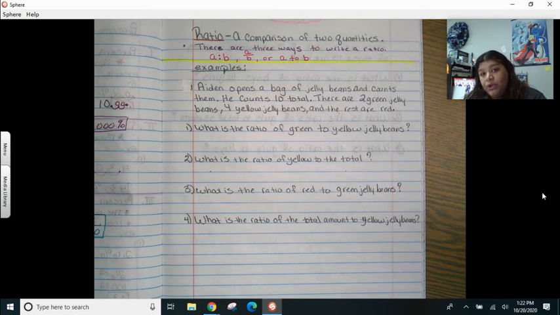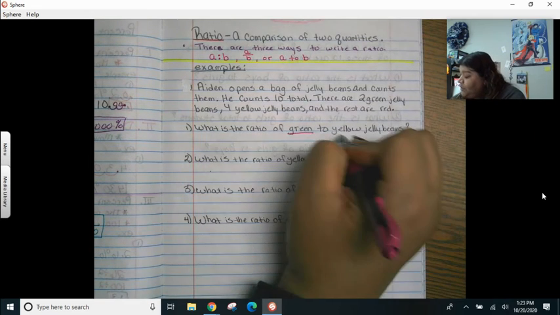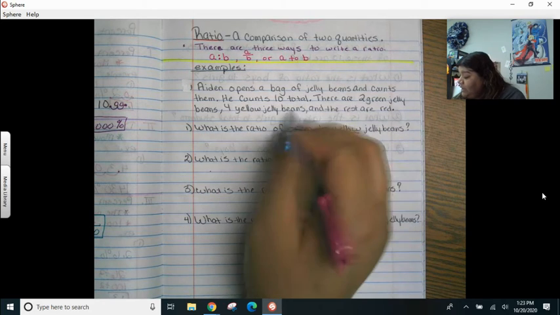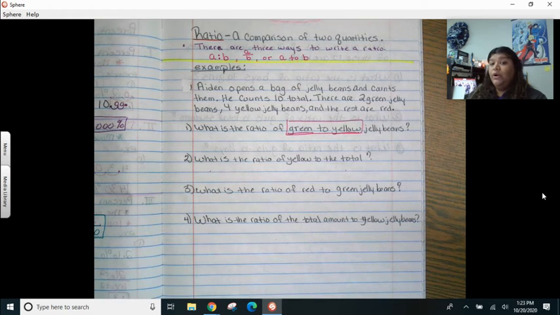Now, using the information, we're gonna go ahead and answer the following questions. Question 1. What is the ratio of green to yellow? Okay, so the order they gave this to me in, right here, is the order I have to write my answer in. So green is first, and then yellow is second, green to yellow, okay?